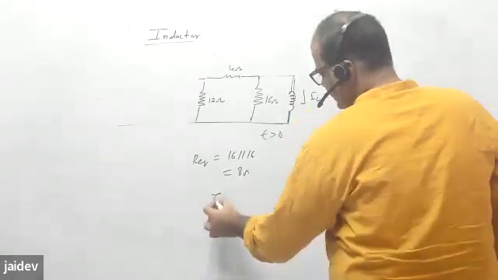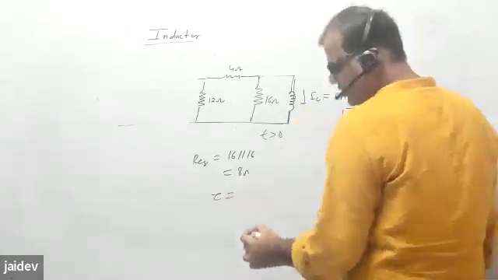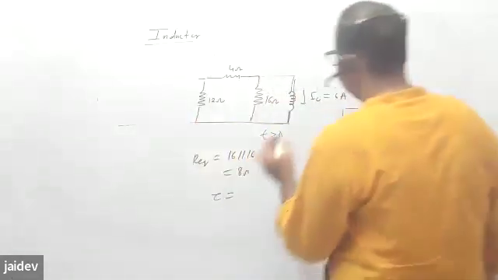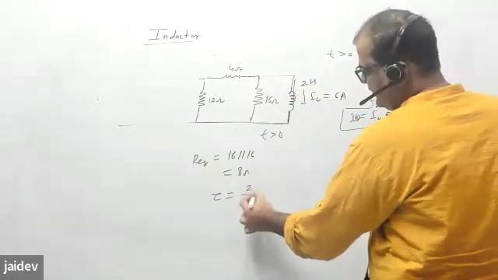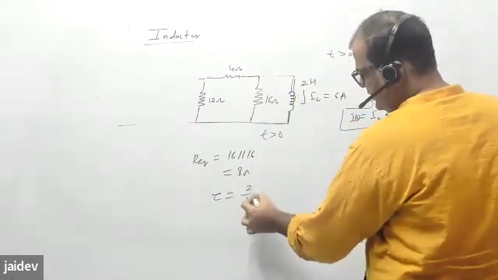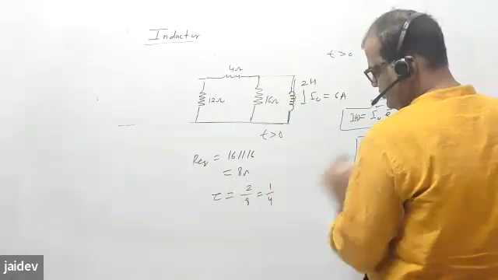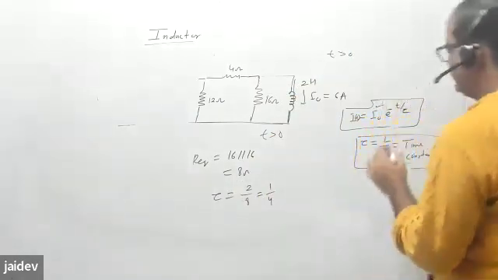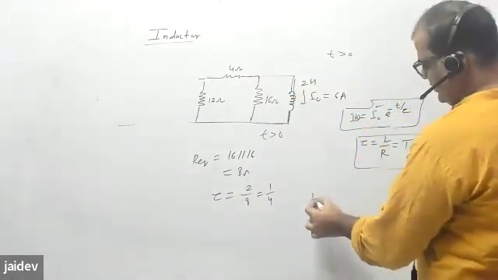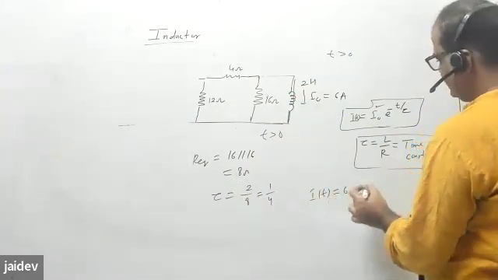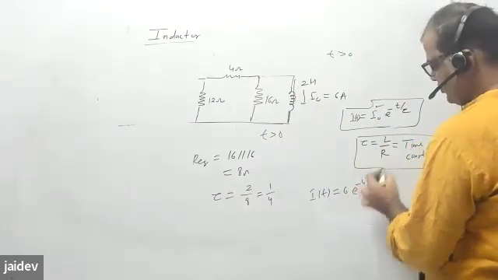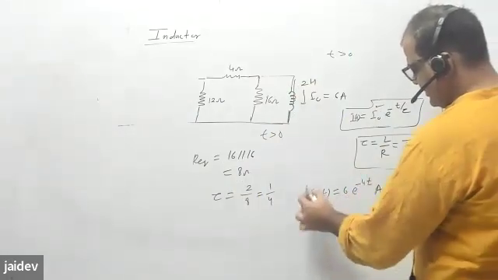And tau will be L by R. L is not given, so the L value is 2 Henry. So 2 Henry, L by R, 8. This is 1 by 4. And now you can put it here. That's it. I(t) will be 6 e power minus 4t ampere.